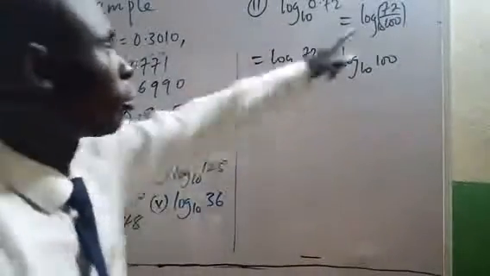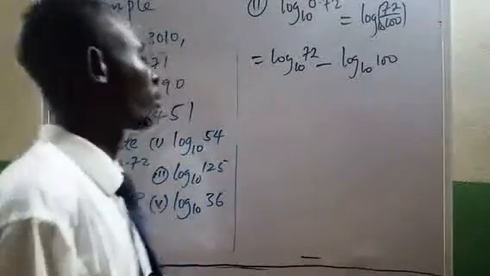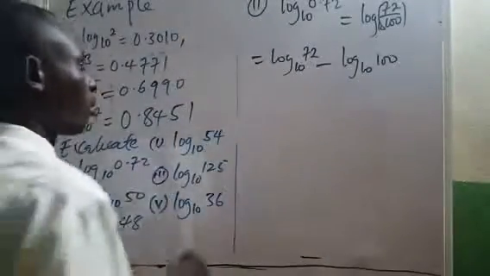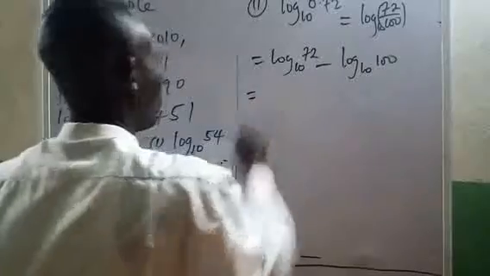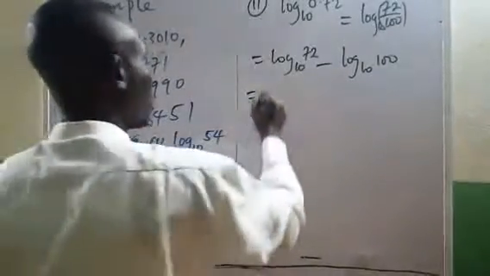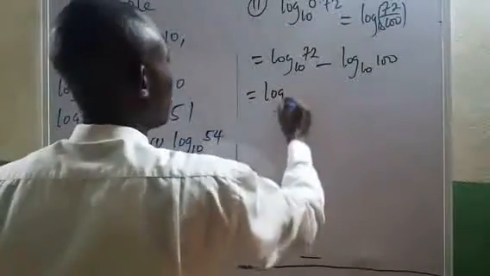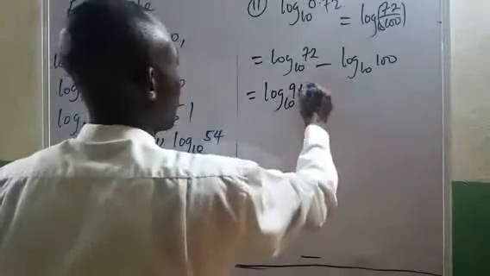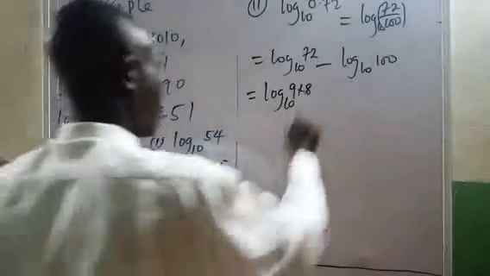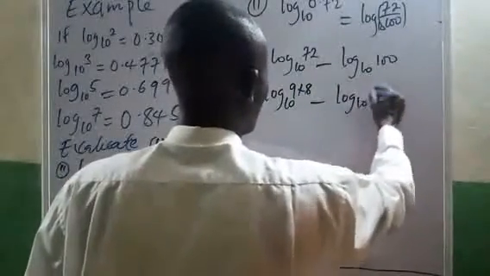Remember that division is minus. Division is minus. So if we simplify further, you have log 10 of 9 times 8 minus log 10 of 100.